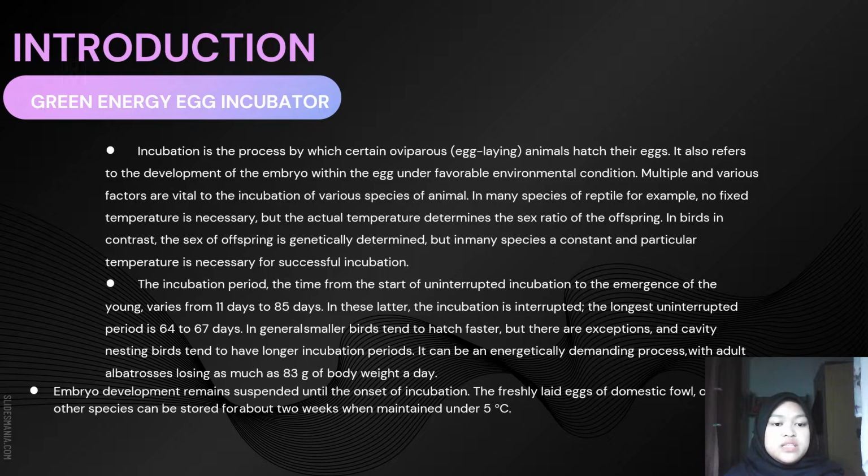Embryo development remains successful as expected until the onset of incubation. The freshly laid eggs of domestic fowl, ostrich, or several other species can be stored for about 2 weeks when maintained under 5 degrees Celsius.